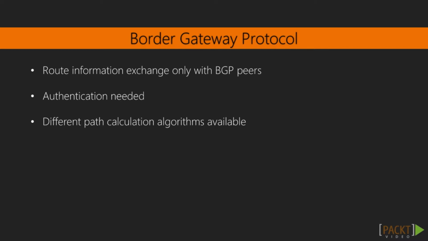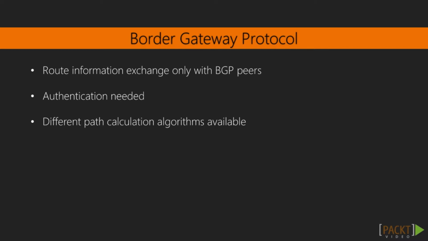In BGP, you always need authentication. You can use authentication within OSPF, but it's kind of optional. Within BGP, you need to know the passphrase to access your peer. On top of that, BGP router administrators are able to configure which information is going to be exchanged with which peer.